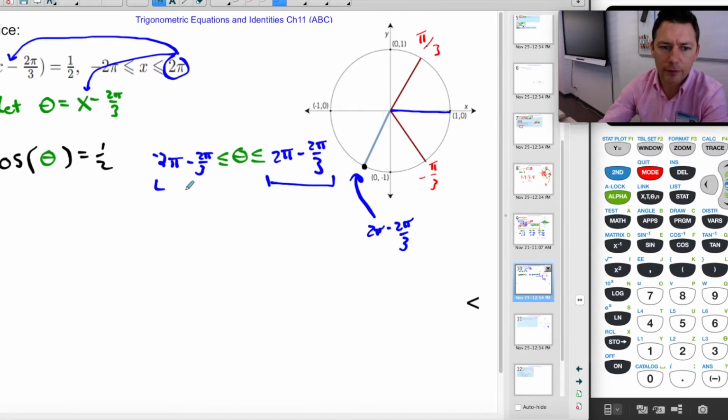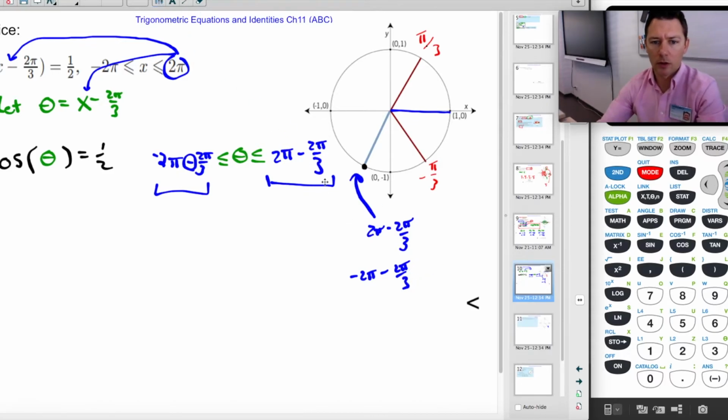If you're looking for this site, you could say negative 2 pi is going backwards one whole rotation, and then going the same direction backwards another 2 pi. You're in the same spot. So this is both 2 pi minus 2 pi thirds and negative 2 pi minus 2 pi thirds. Okay, so that's just our limit of what we're going to count to.